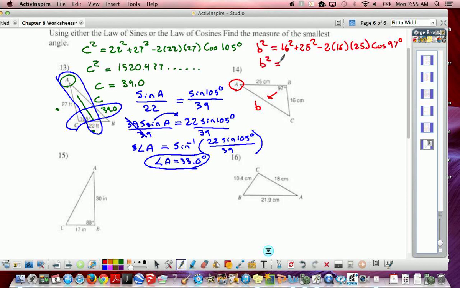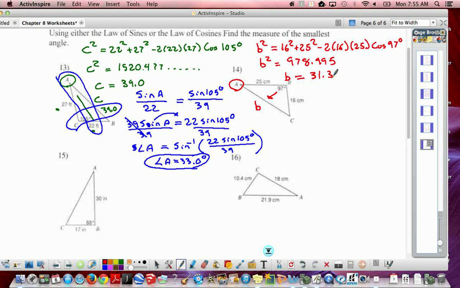So b squared ends up equaling 978.995. So b equals about 31.3.